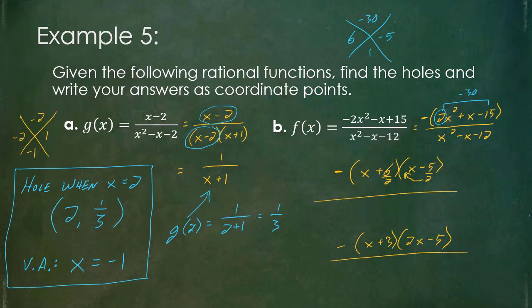On the denominator, I would just need to multiply it to the constant. So for this one, it's going to be a diamond factor with what multiplies to negative 12 that will add to a negative 1. In this scenario, that would be a negative 4 and a positive 3. So my two factors in the denominator would be x minus 4 and x plus 3.